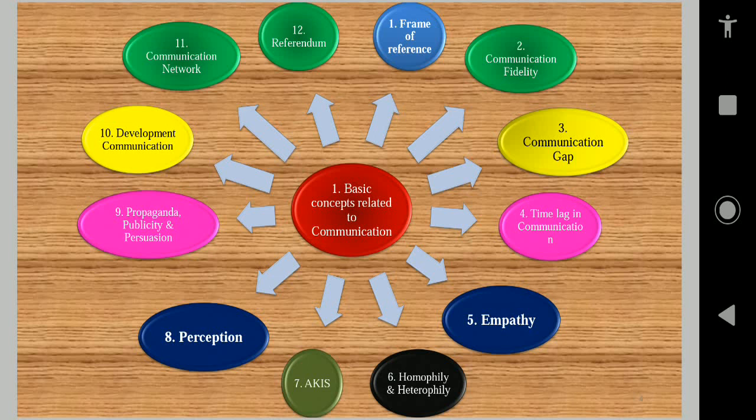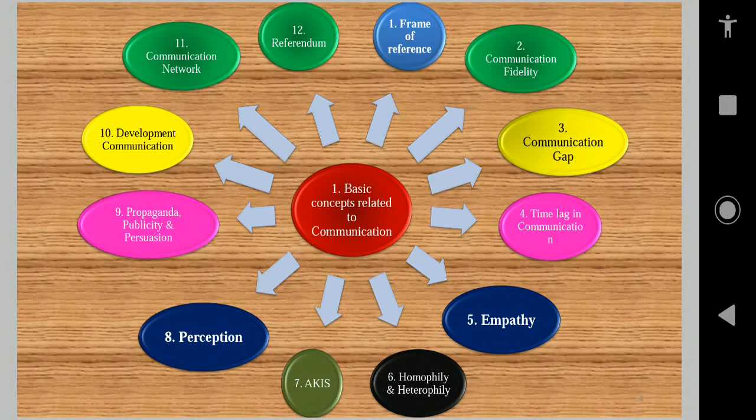Desirable action by the audience cannot take place if there is a large communication gap. If there is a large communication gap, then we will not get any desirable action by the audience. The nature of communication gap may be of two types. First, the message does not reach the target.